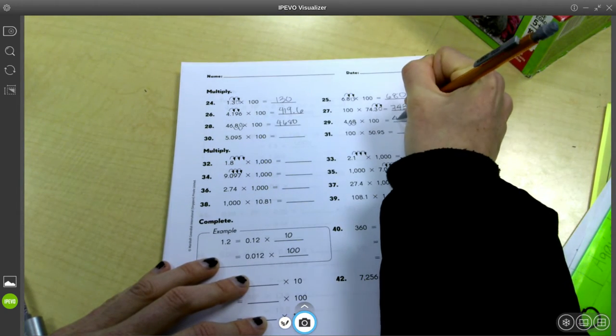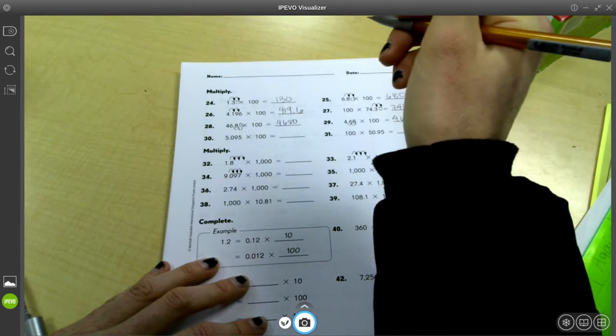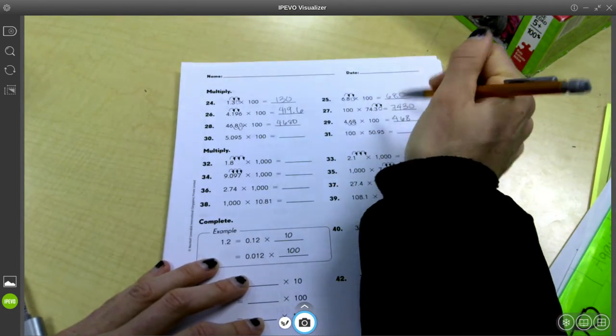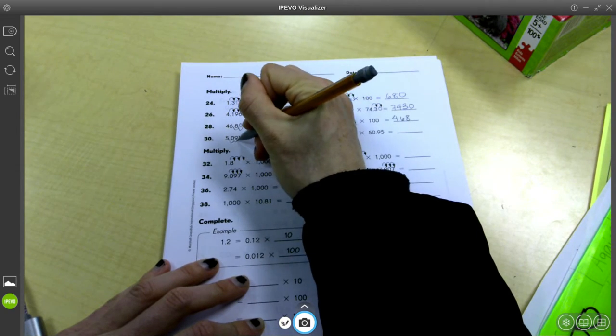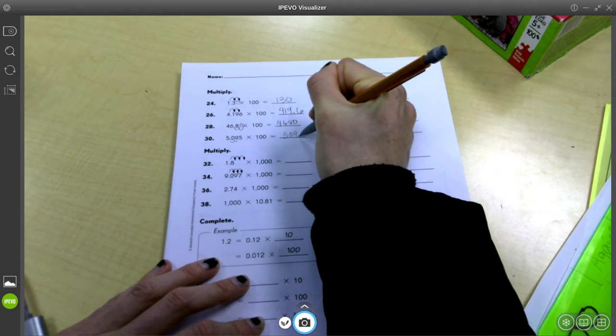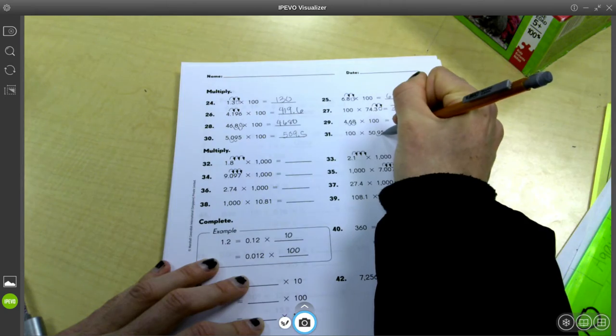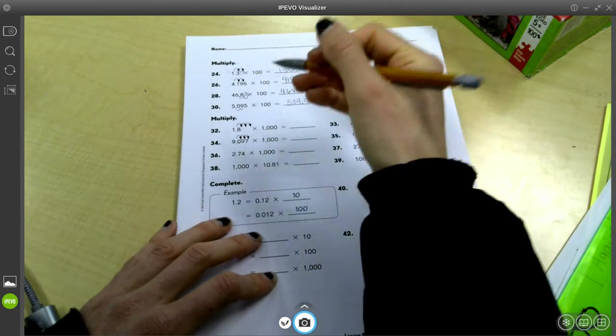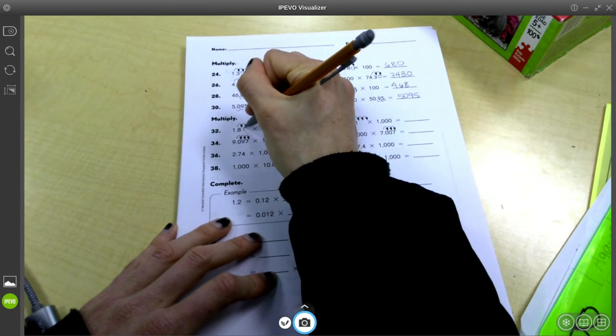And that makes sense. Here I had 46 times 100. Here I have 4 times 100. 1, 2, 5,095. All right, multiplying by 1,000, I'm moving it over 3 times.